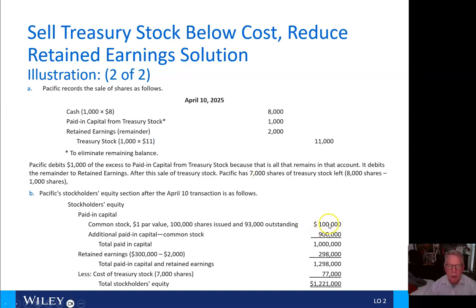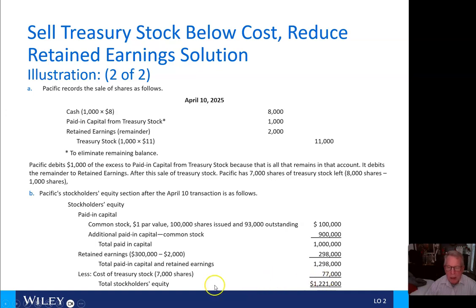Okay, so now we only have 7,000 shares in the treasury, and we have our original $1 million here in capital stock, but our retained earnings has gone from 300,000 to 298,000 by a reduction here of $2,000 that we did here.